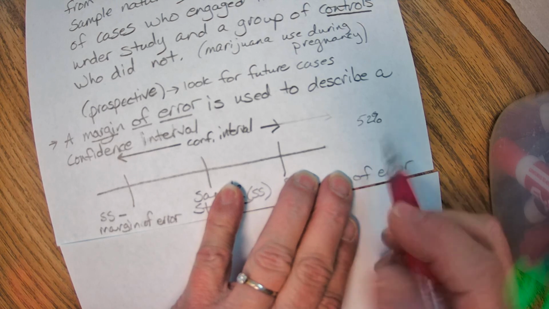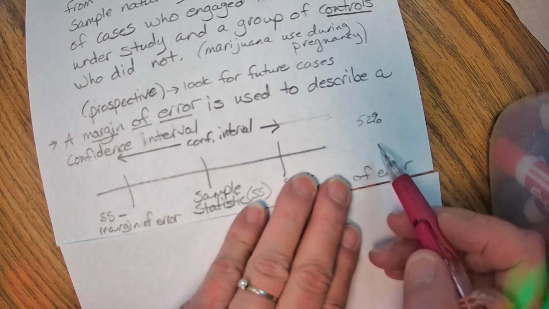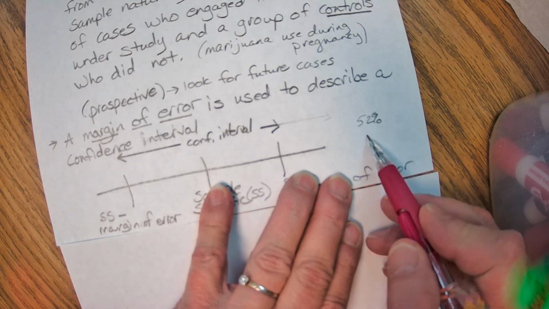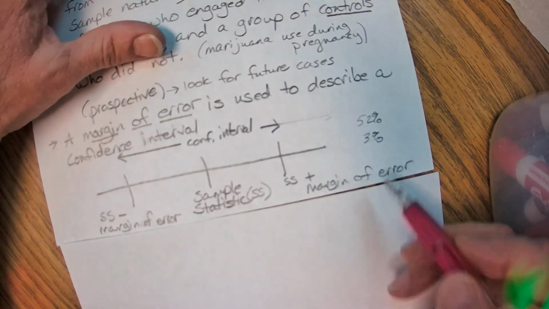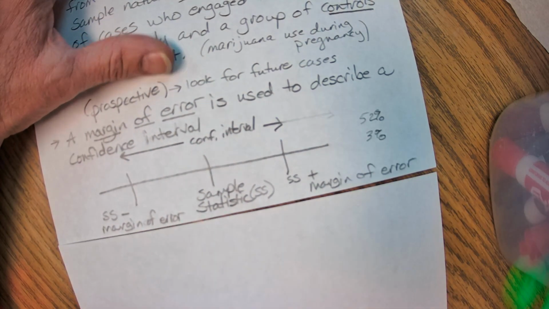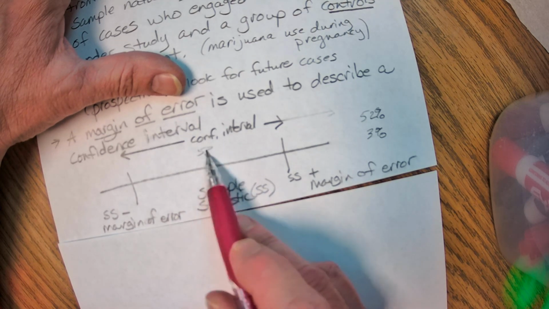And you said that your margin of error would be 3%. So let's say a particular candidate with 52%, what you're guessing they're going to get, that would go here, 52%.